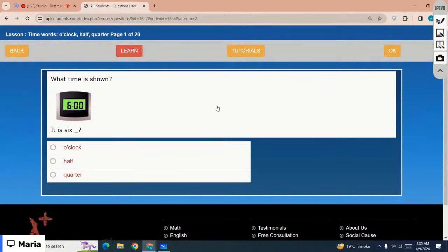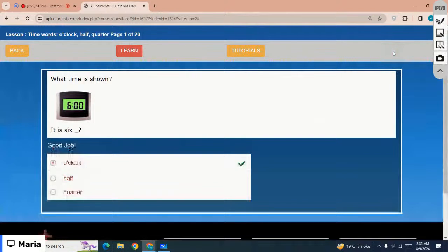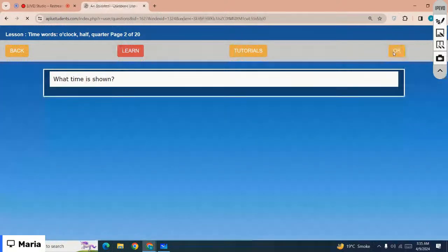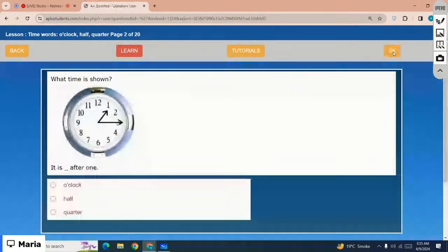That's exactly 6 hours, so that is 6 o'clock, right? You have to learn basically the o'clock and quarter hour here. So that's 6 o'clock. Okay, what time is shown, which is the correct option?